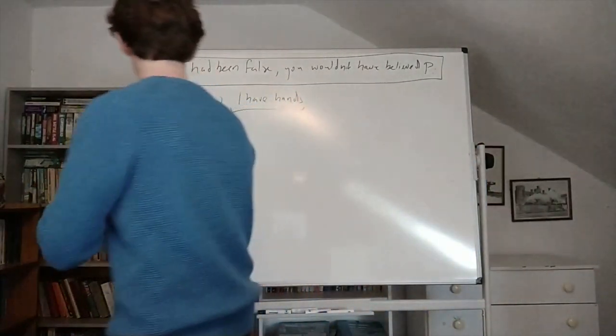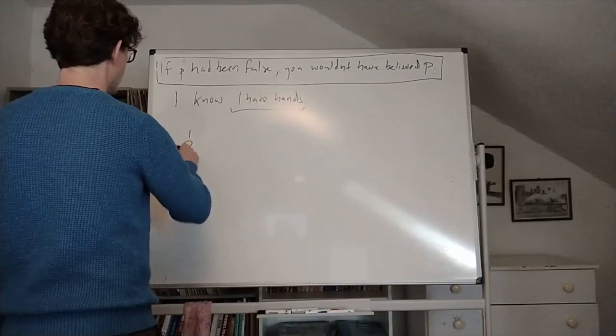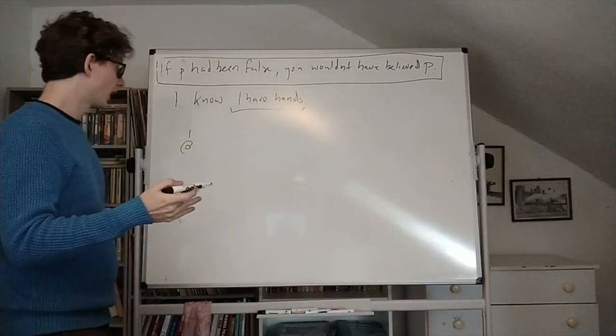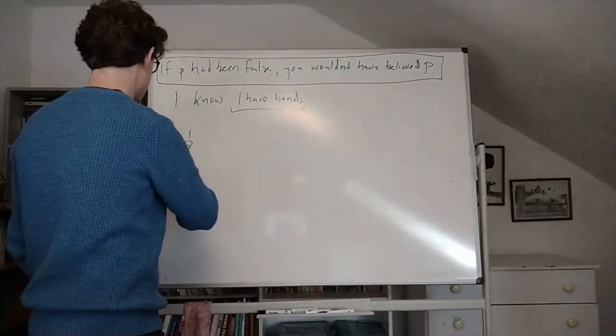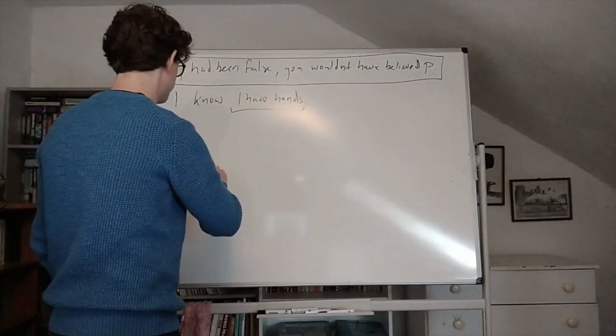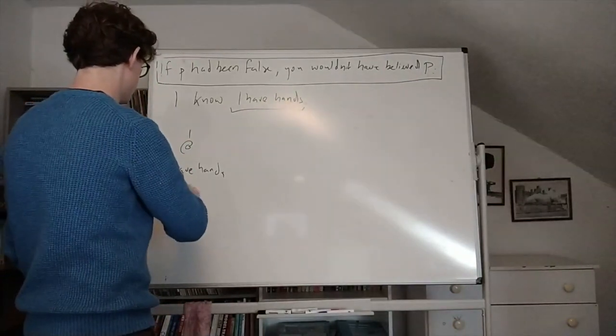So let's think through that in a little more detail. We'll draw a picture once more. We start with the actual world, where of course I do have hands, and where of course I believe that I have hands.